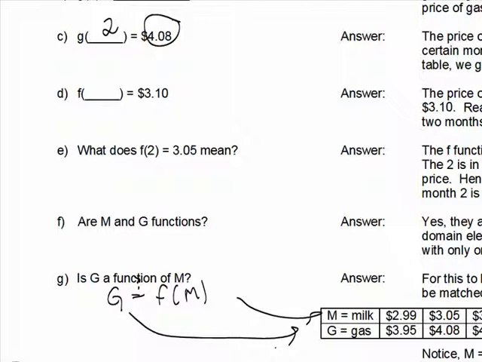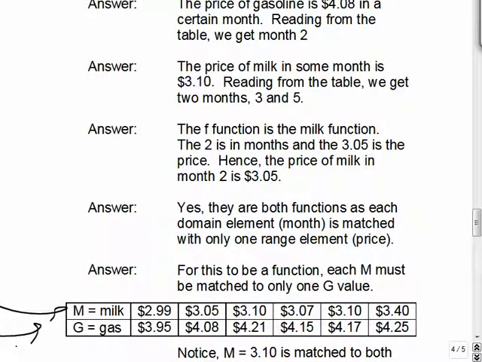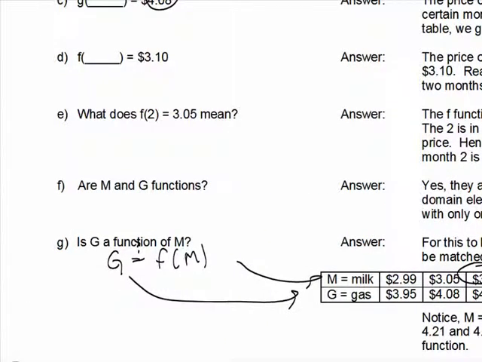So I'll write down the milk prices, I'll write down the gas prices, and to be a function, each M must be matched with only one G. But notice $3.10 as an input is used twice. Since it's matched to both 4.21 and 4.17, we do not have a function.